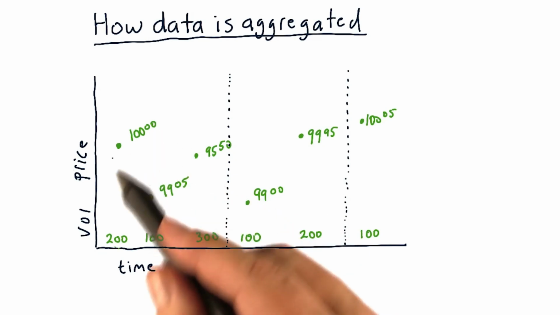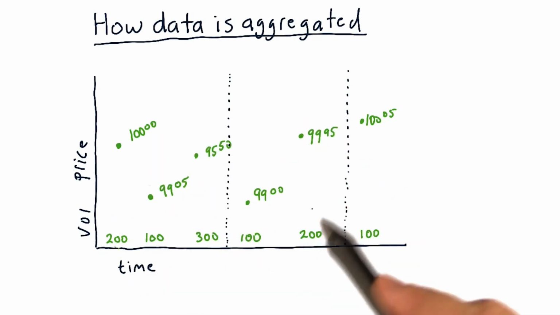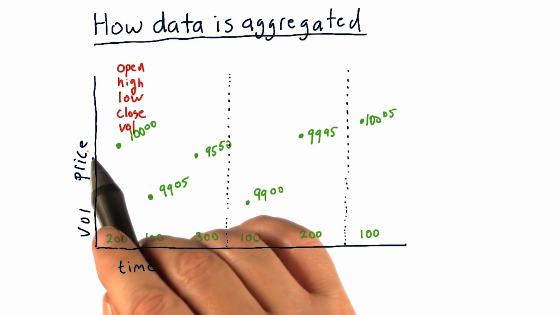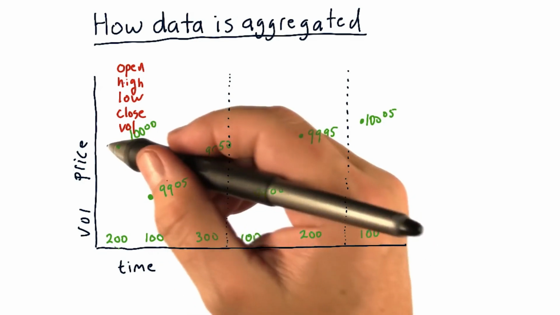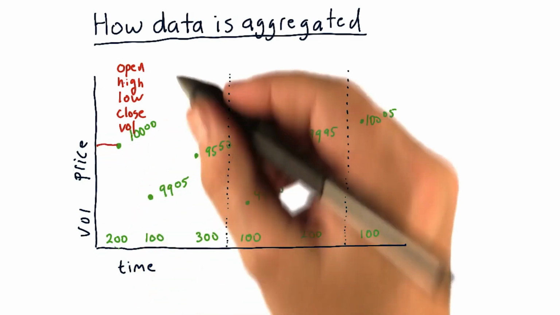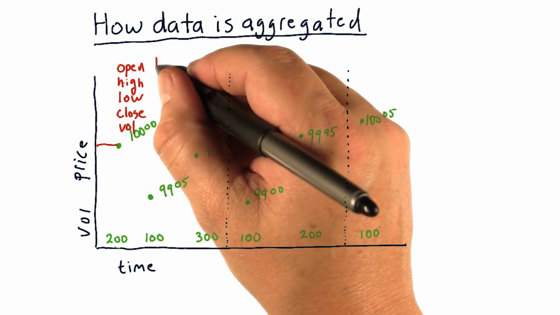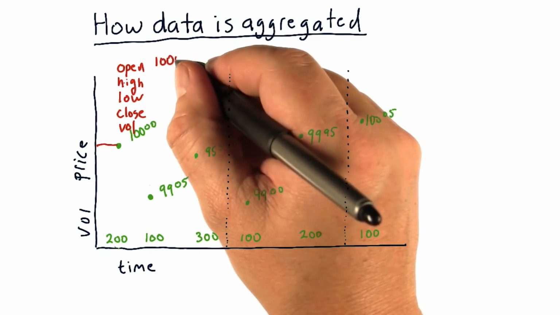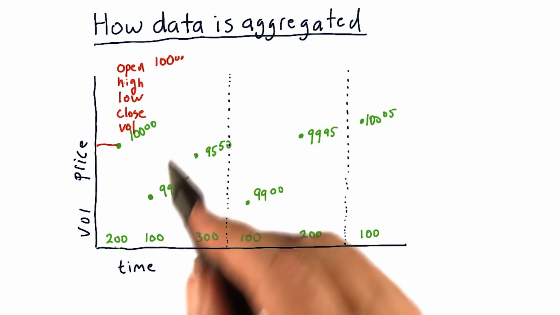And we collect all the data together within each minute and represent it as open, high, low, close, and volume. So the open is the first transaction within the time period. So it came in here, we had a transaction at 100, so our open value here is 100 within this time period.